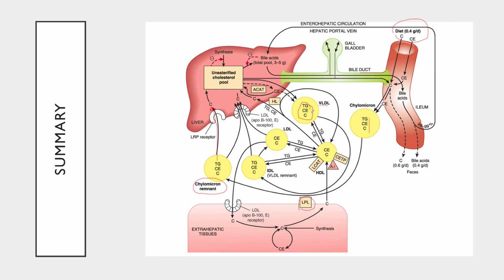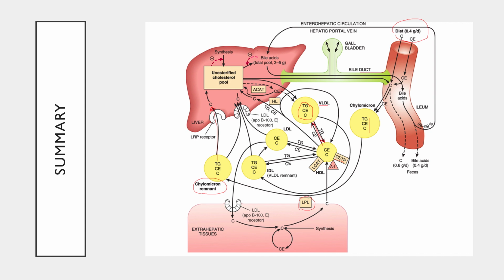VLDLs have several key interactions with HDL, the first of which being the acquisition, again, of ApoE and ApoC2. And this new interaction we just discussed uses the enzyme cholesterol ester transfer protein, where VLDLs and HDLs can exchange triacylglycerols for cholesterol esters in circulation.